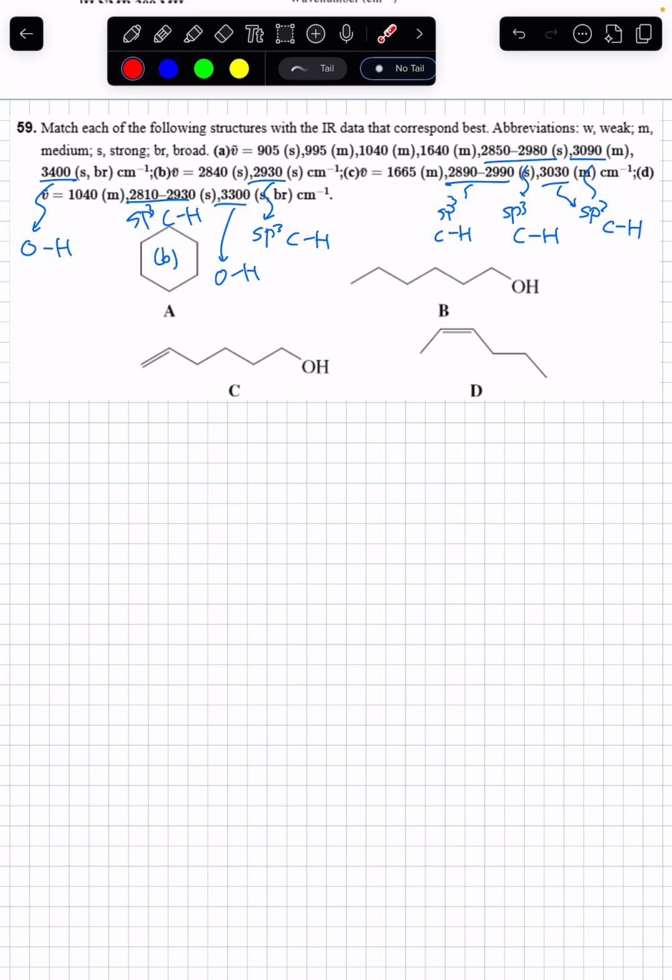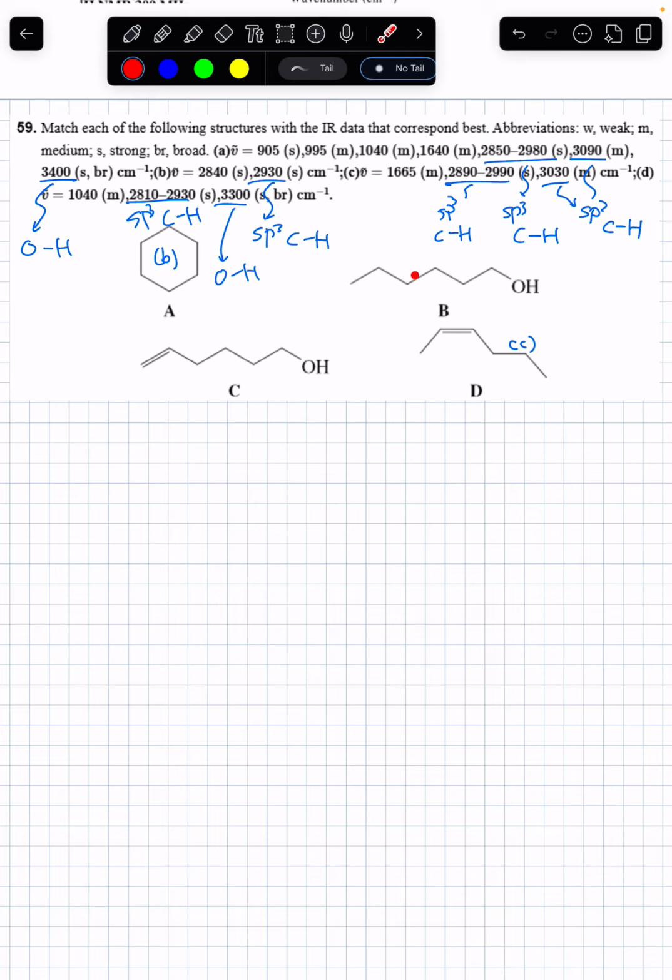It's only C that does not have an alcohol signal in it, right? This data set does have sp2 CH in it, so that is consistent with this spectrum, right? It's got an olefin but no alcohol.